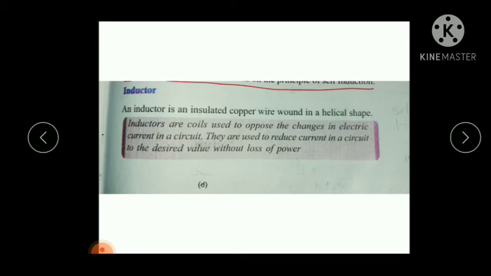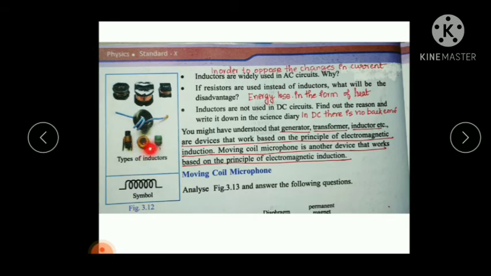So without making any changes in the power, they will reduce the current. So for that purpose, inductors are used in the circuit. So these are inductors. These are different types of inductors, and the symbol for representing an inductor is like this.